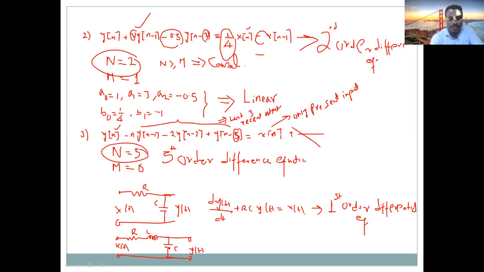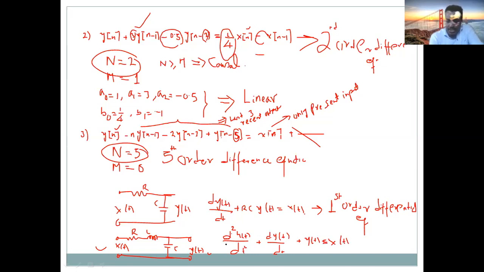Now, if you write the equation which relates input and output, what type of equation will it be? d squared y of t by dt squared plus dy of t by dt plus y of t is equal to x of t.